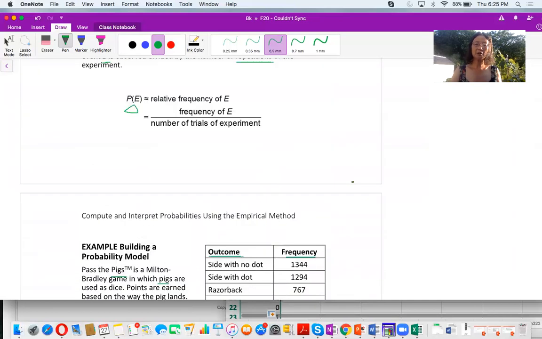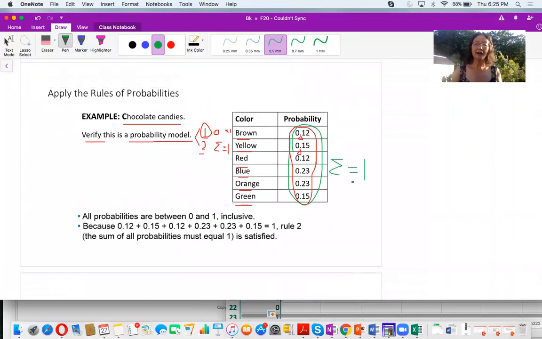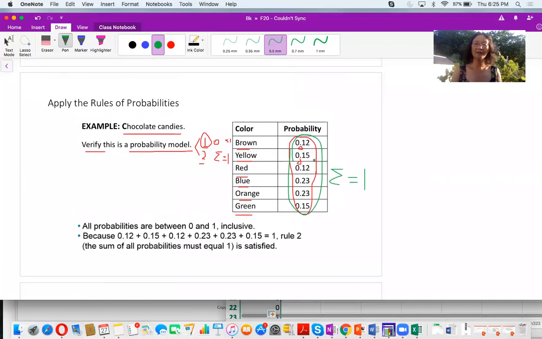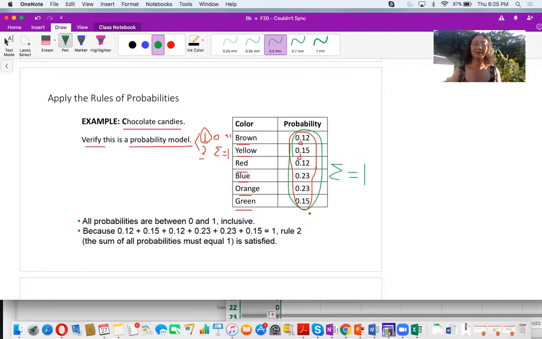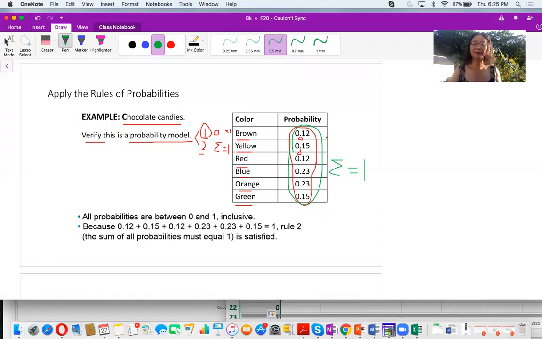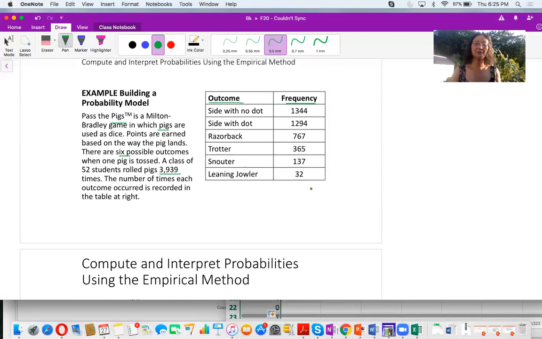Remember, the model needs to satisfy 2 criteria. One, all the probabilities added together is 1. The other condition is each probability is between 0 and 1. Okay, so how do we build this table, using this example?